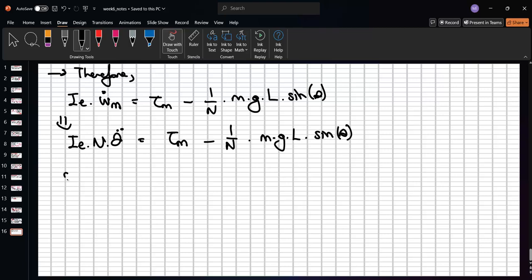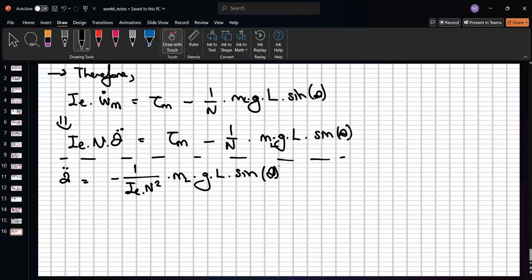And so theta double dot is equal to minus 1 over IE times n square times ml times g L sin theta, where L is the robot arm length, plus torque M times 1 divided by IE times n.